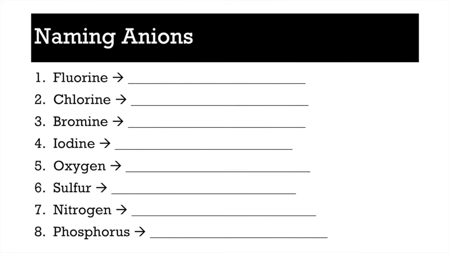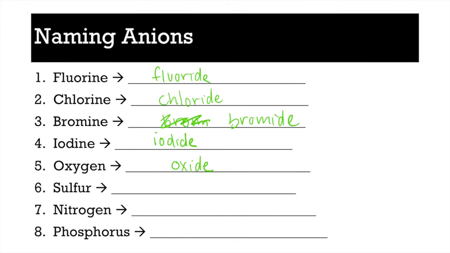Now, going over the names of these anions, fluorine turns into fluoride. Chlorine turns into chloride. Bromine turns into bromide. Iodine turns into iodide. Oxygen turns into oxide.